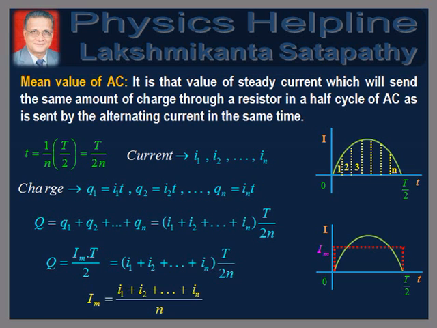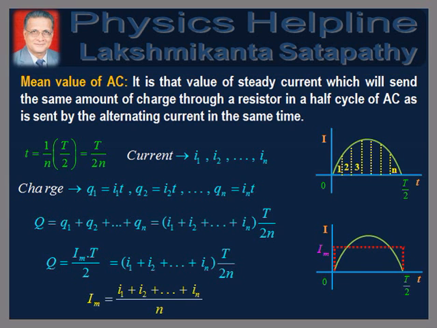Therefore, charge sent by AC in these intervals are Q1 = I1Δt, Q2 = I2Δt, etc. up to Qn = InΔt. Therefore, total charge delivered in time T/2 is Q = Q1 + Q2, etc. up to Qn, which is equal to (I1 + I2, etc. up to In) into T/2n.